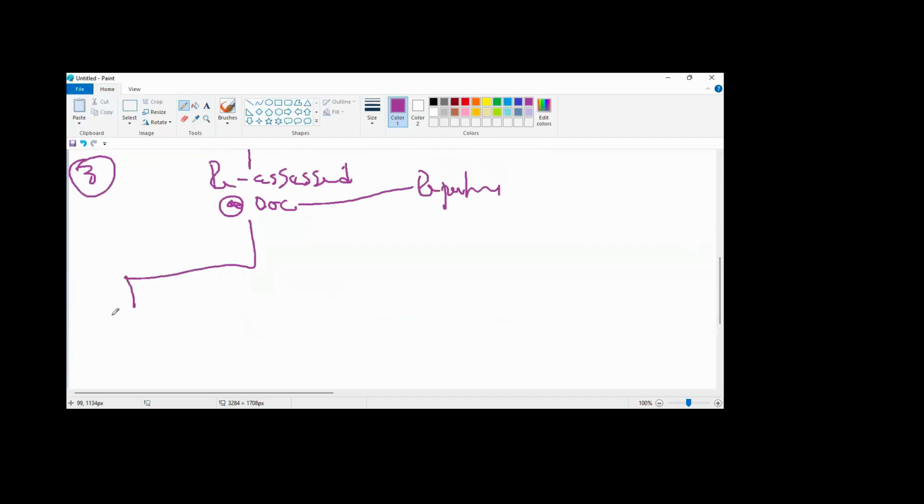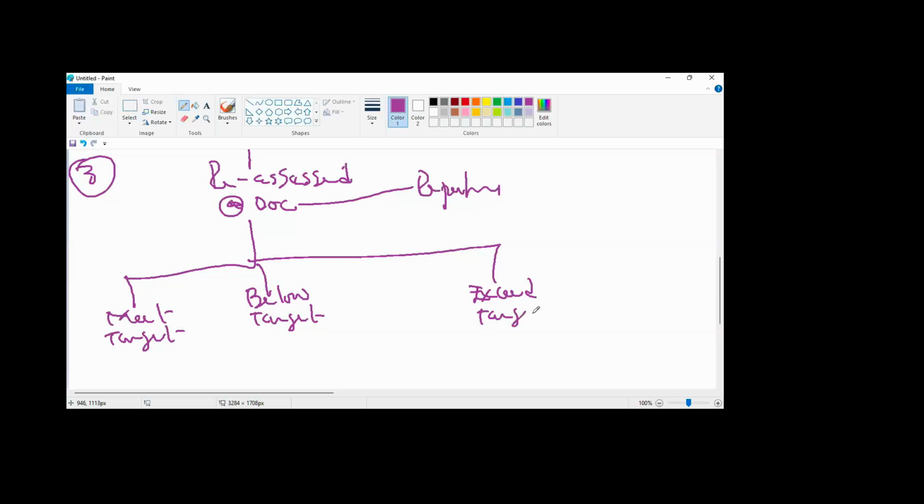Second, below targets. Third, exceed targets. These are the three things.